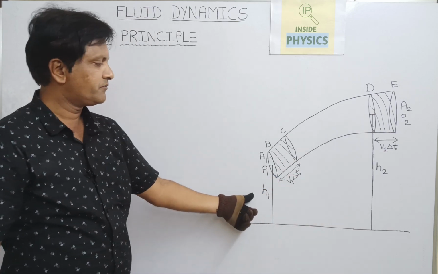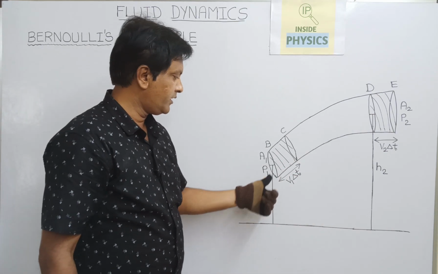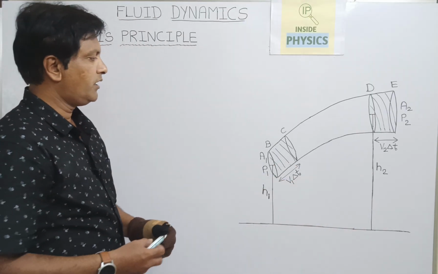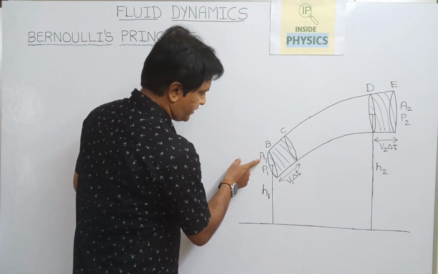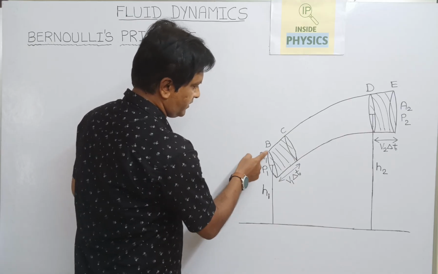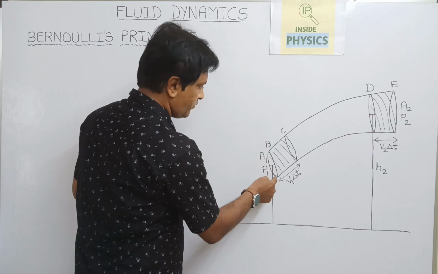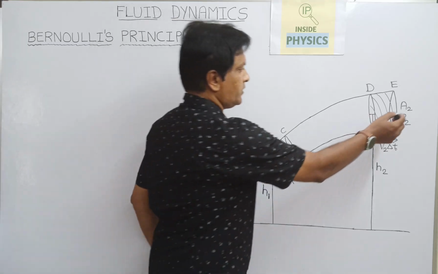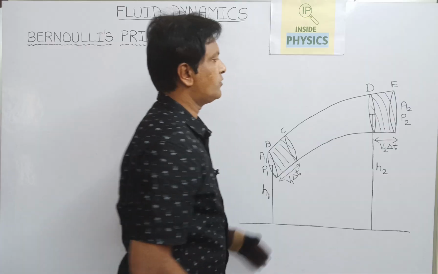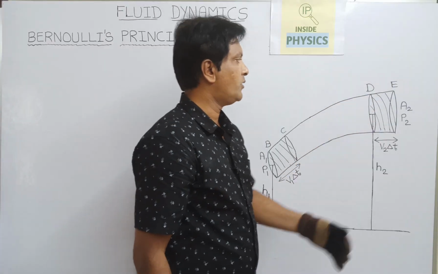You can observe the height of the liquid here is H1 and here is H2, and we also observe that A1 is the area of cross section of this particular opening and A2 is the area of cross section of this opening at the other end through which the liquid will come out.